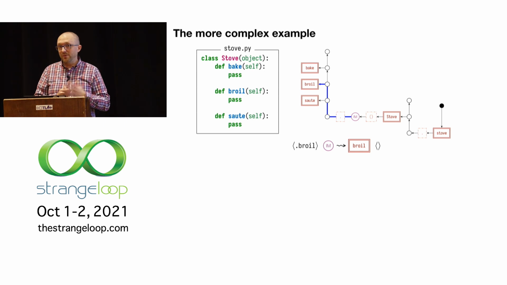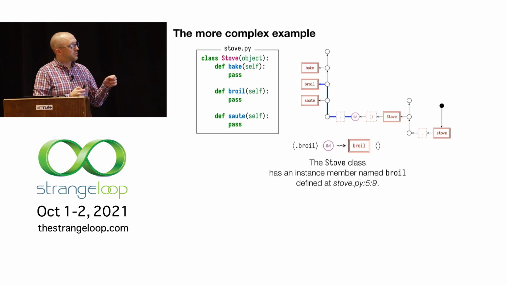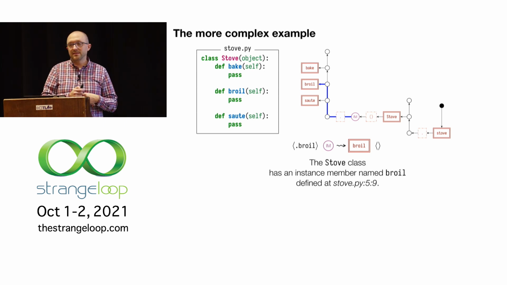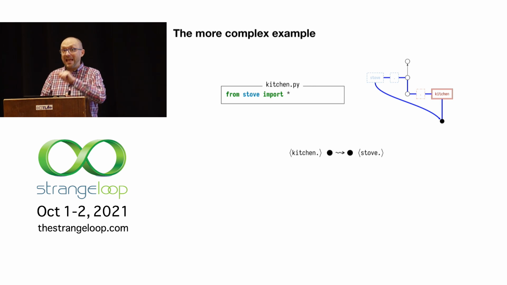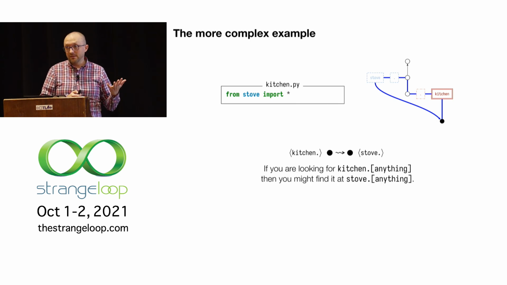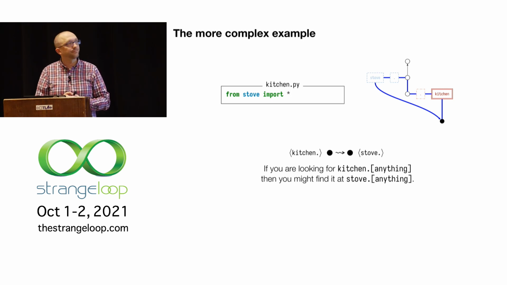It has a precondition because there are pop nodes. This corresponds with the fact that the stove class has an instance member named broil. We're going to do the same thing for kitchen.py. This only has one path. It starts at the root node and ends at the root node, and it has both a precondition and a postcondition. And it encodes the fact that if you're looking for kitchen.anything, you might find it at stove.anything.